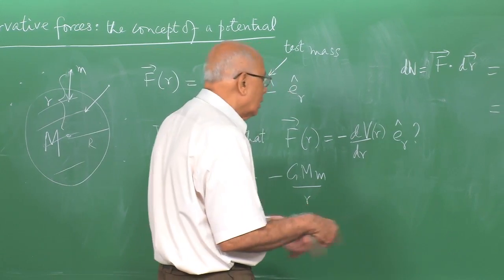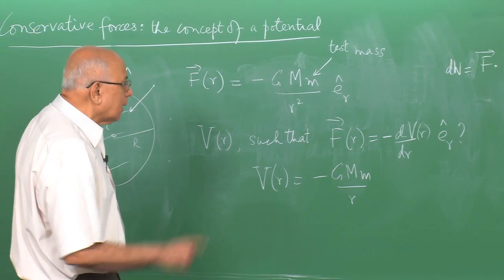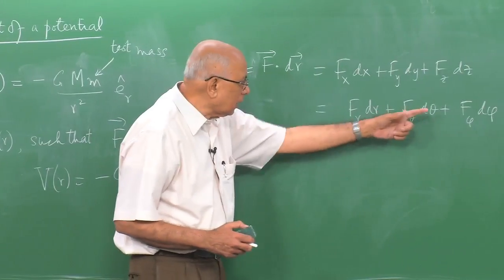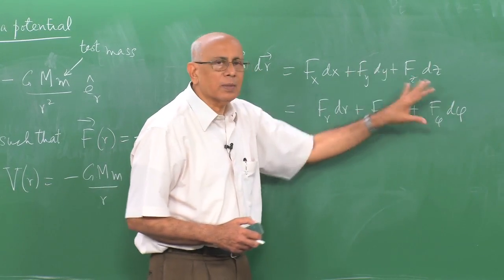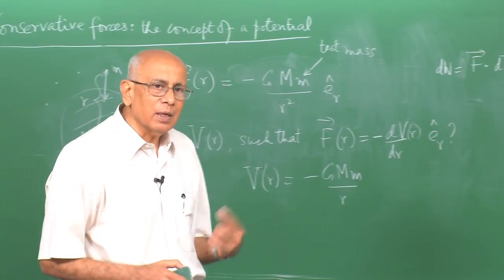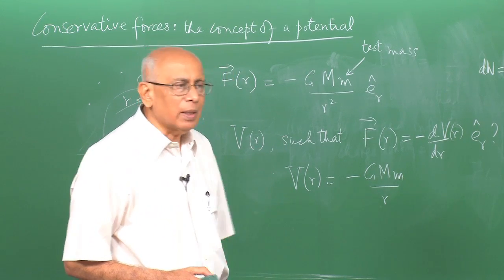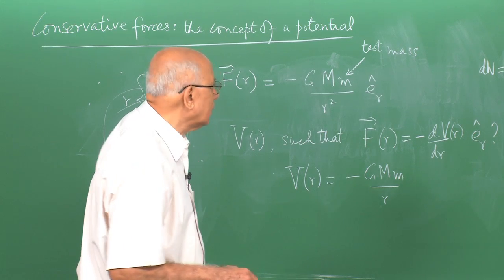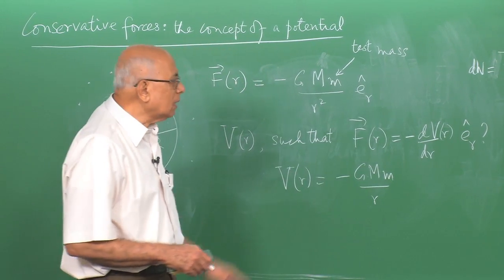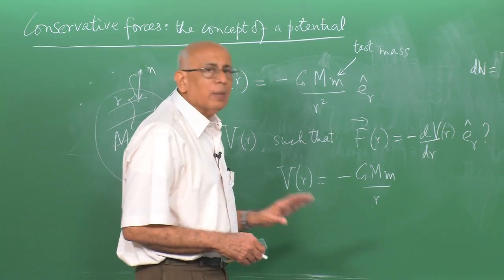We'll elaborate on this concept a little more as we go along, but that's what enabled me to, so to speak, invert this expression, because the other two terms were not present at all. When they are present, you need a more general way of writing this derivative, and it involves what's called the gradient operator, which I will not go into at this stage, but we will come across examples where you need that. But we'll see why the central force is a very important concept and why it appears so often.